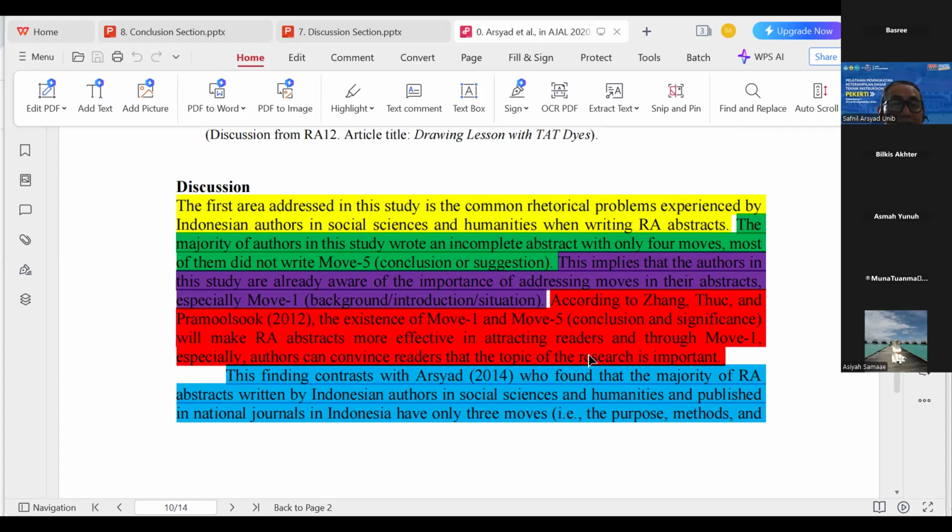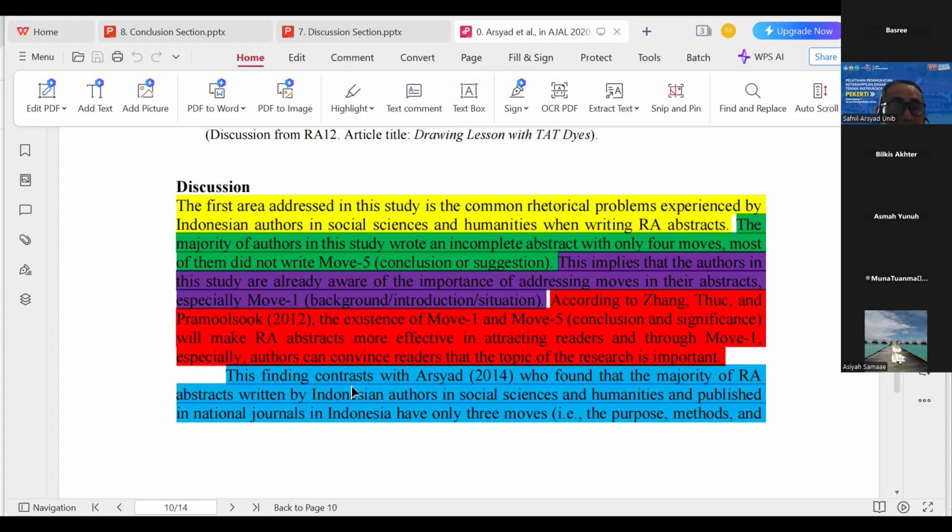And then I went on to move four, the comparison, where I compared my finding with the findings of other researchers. I started the second paragraph with "This finding contrasts with Arshad." So I chose the contrastive finding, not the same finding.